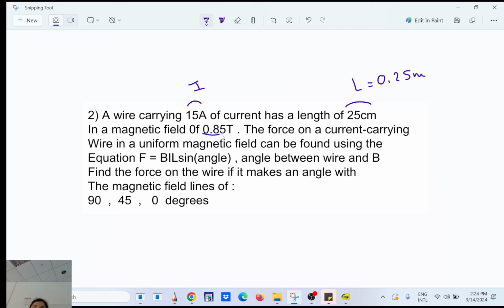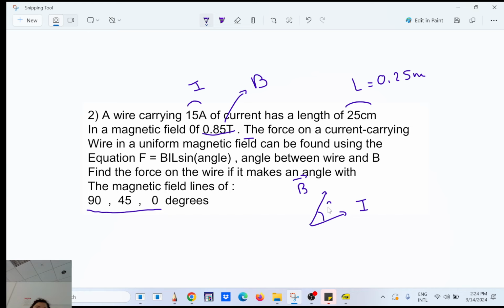So you identify each physical quantity. So this one will be B. It can be found using the equation, the angle between the wire and B. Okay, so we have a different angle here. So you have the I and then B.